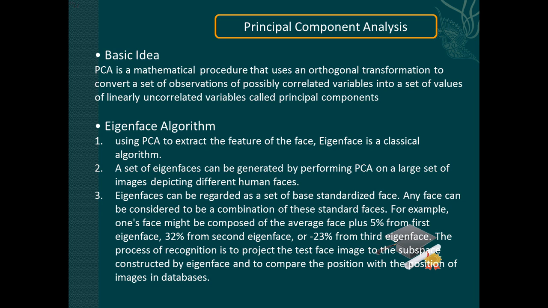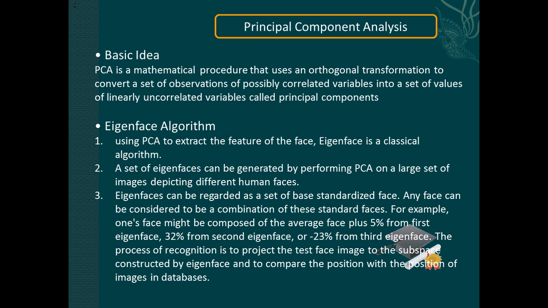So a set of eigenfaces can be generated by performing PCA on a large set of images, which I call the training images. And what are eigenfaces? You can regard eigenfaces as a set of base standard faces. And any face can be considered to be a combination of these standard faces.